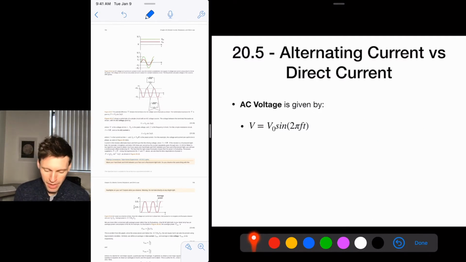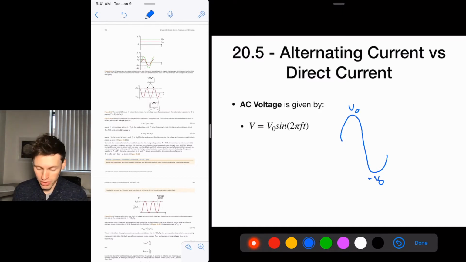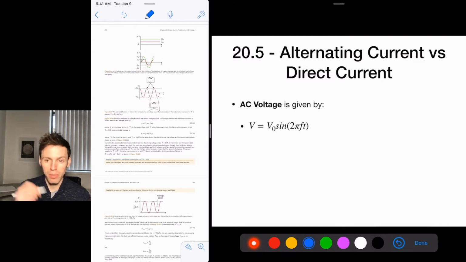So if you multiply that by V0, now it goes between plus V0 and minus V0. So this is the generic formula for that.